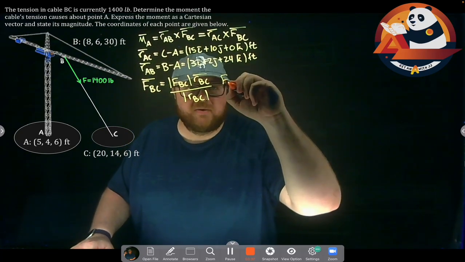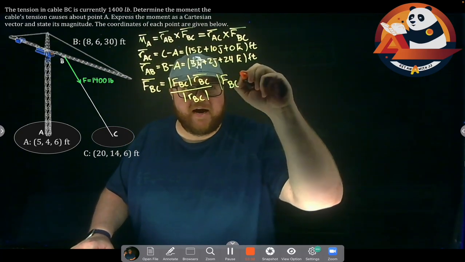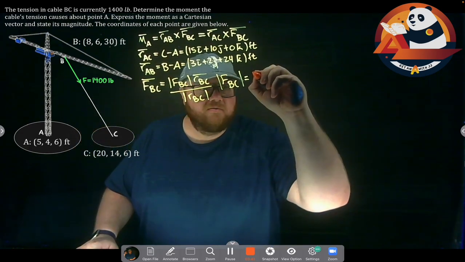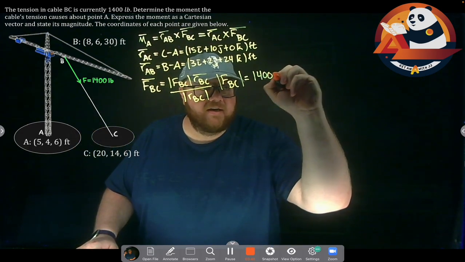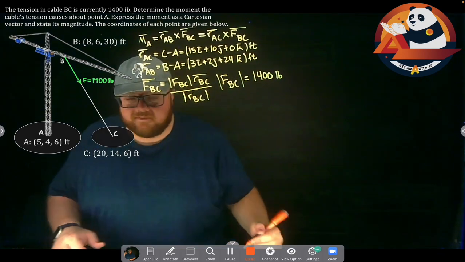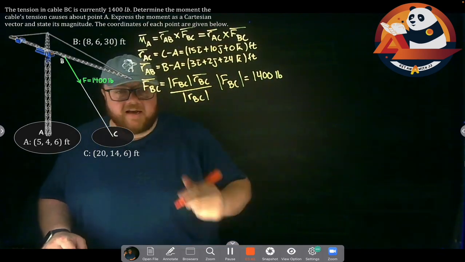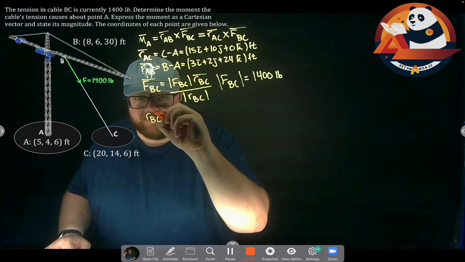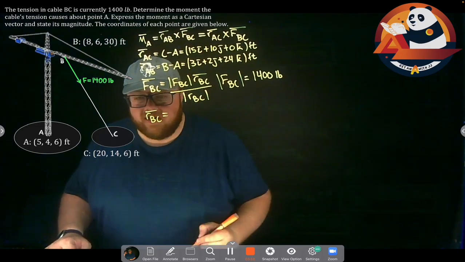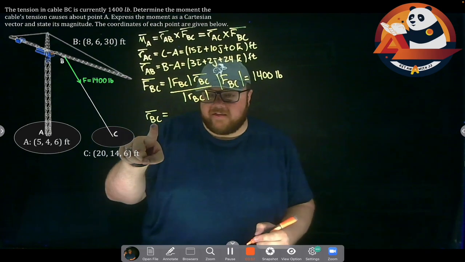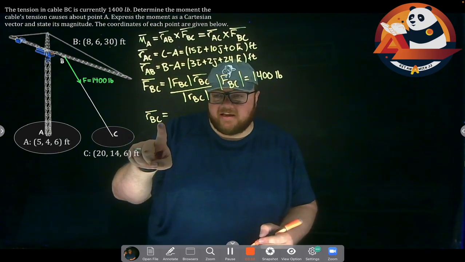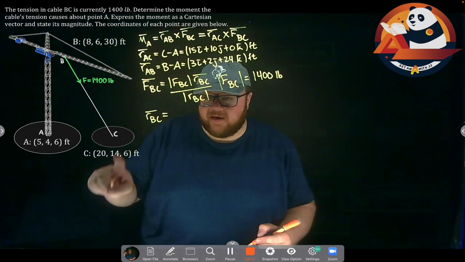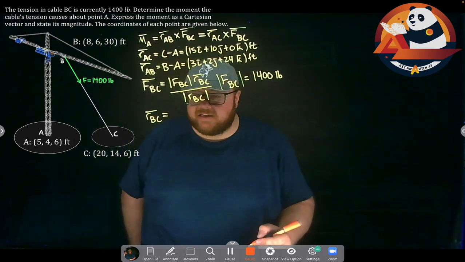Actually, let's get FBC stated real quick. We know this one, it was given. Its magnitude is 1,400 pounds. From there, let's get RBC and its magnitude. Our position vector, RBC, is going from B, the first letter, to C, the second letter. So I want to do the coordinates of C, the tip, minus the coordinates of B, the tail.